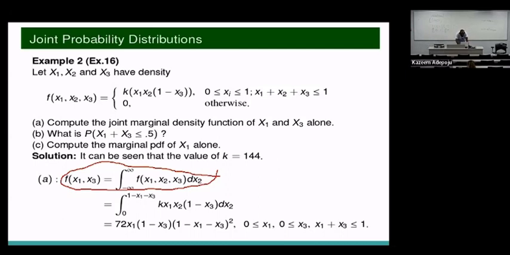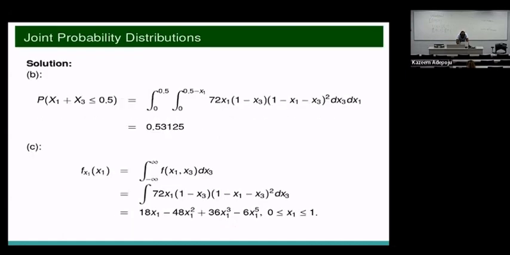Now, the next thing I'm going to do: they can ask you to find the probability of x1 plus x3 less than or equal to 0.5. But let me tell you this: you cannot answer question B without first obtaining a function that has to do with x1 and x3.